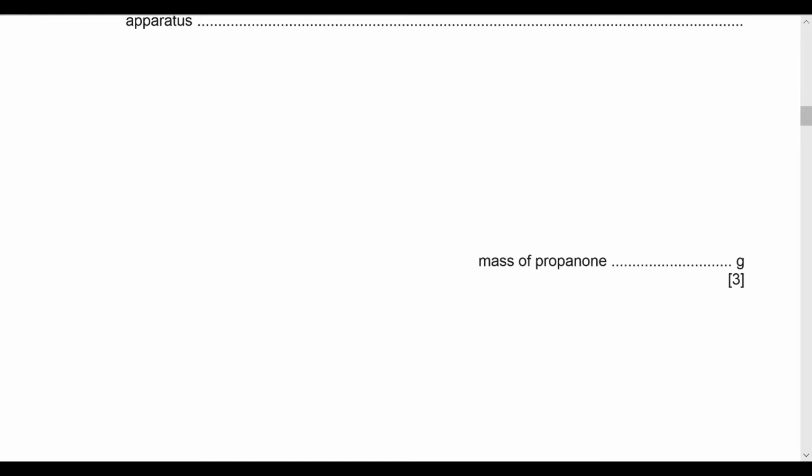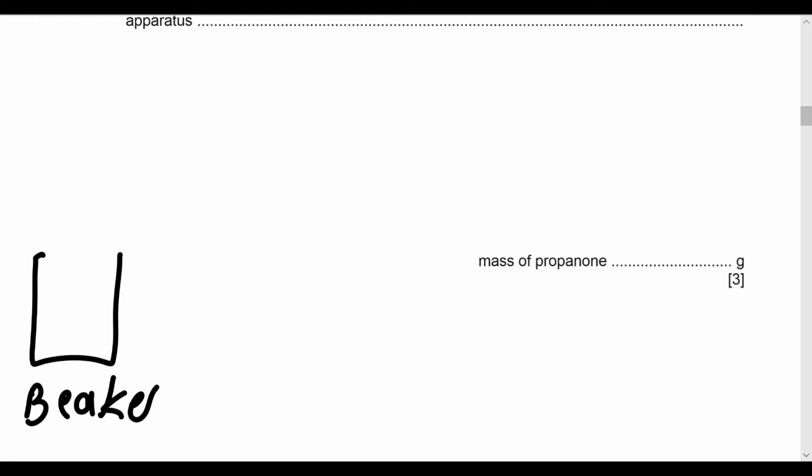So, before starting to solve this question, let me draw the general idea of this reaction. Here you have a beaker. In this beaker you will mix A, B, C together, which is propanone, sulfuric acid and iodine.